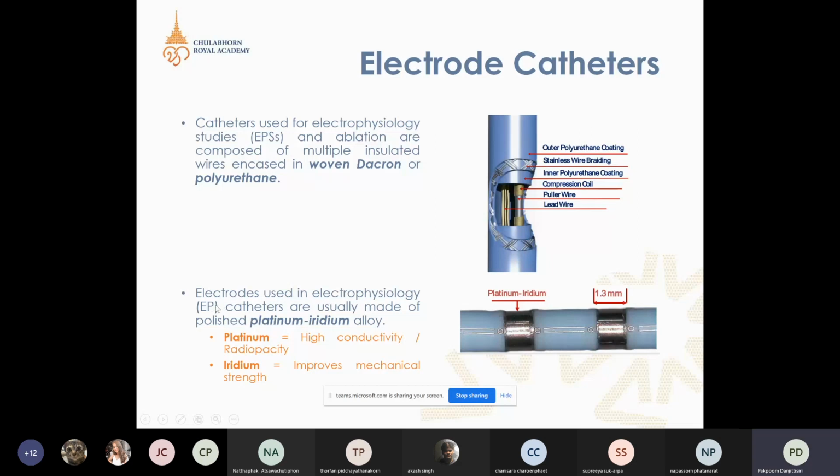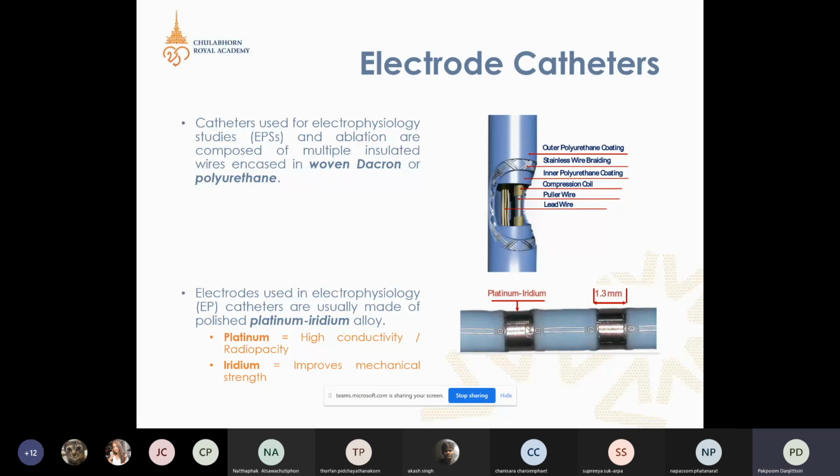And the electrodes used in the electrophysiology catheters are usually made of platinum iridium. Here, the electrode is made of platinum iridium alloy, because the properties of platinum are high conductivity and radiopacity.